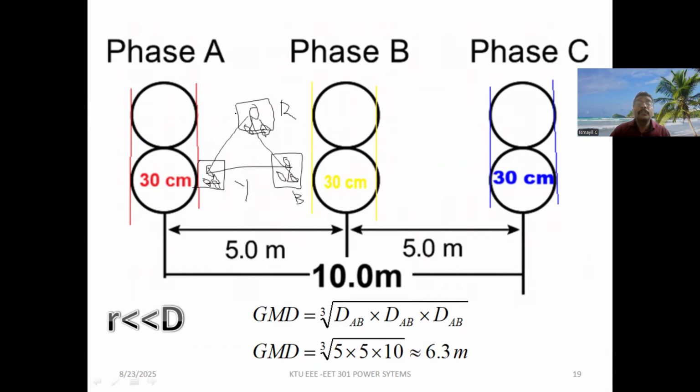Suppose that the distance between these bundled conductors is again D. That is, the subconductors of each bundle are placed on a small equilateral triangle, and the bundled conductors are placed on a big equilateral triangle. You try to derive an expression for the GMD.